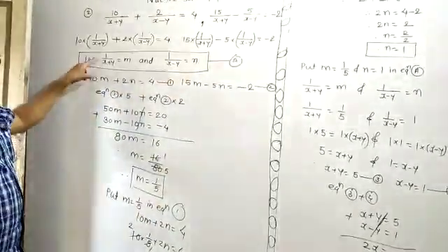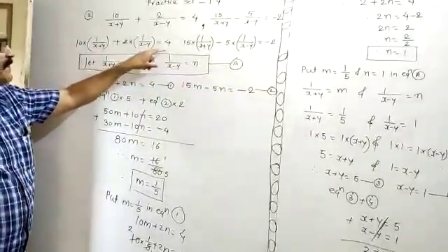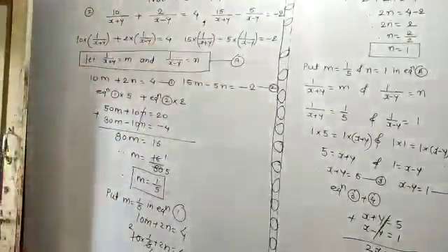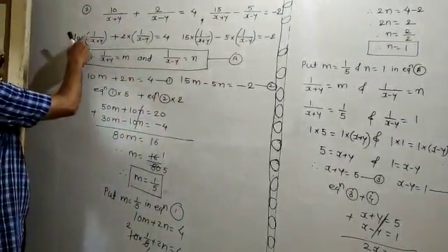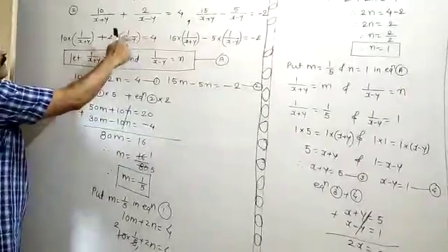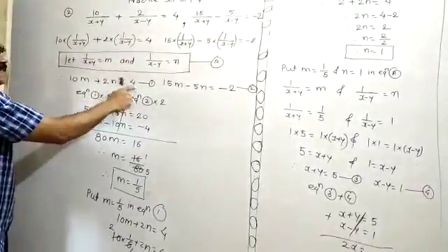Then if you put 1 upon x plus y is equal to m and 1 upon x minus y is equal to n in the above equations, two new equations will form. 10 multiplied by 1 upon x plus y means 10m, plus 2 multiplied by 1 upon x minus y means 2n, is equal to 4.